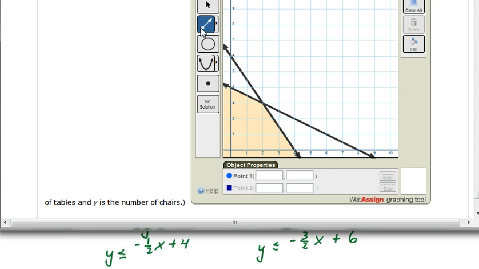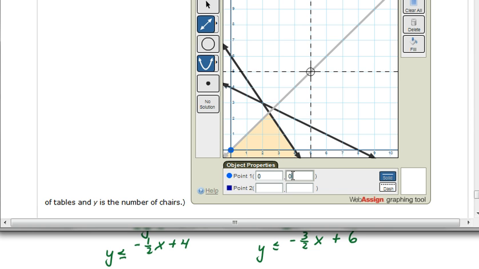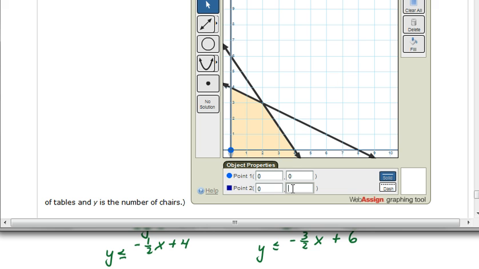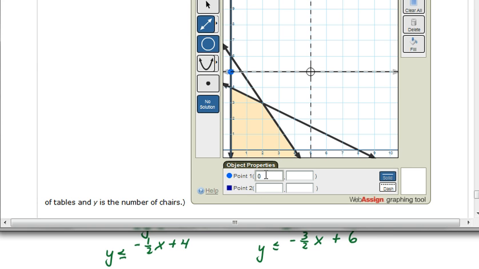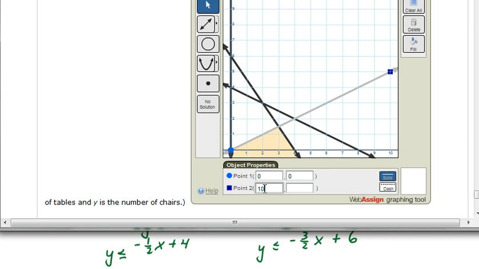And so let's go in and pick 0, 0, and 0, 10, and 0, 0, and 10, 0.